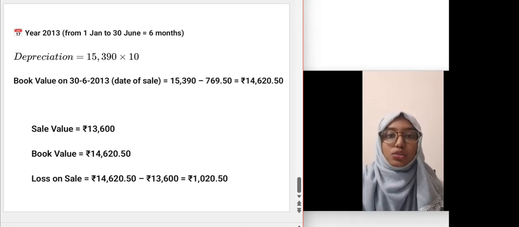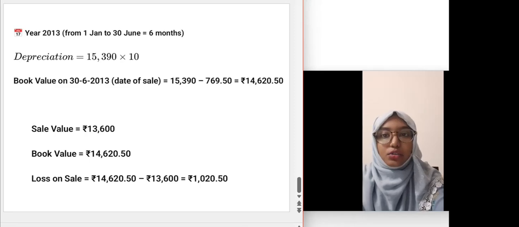On January 1, 2013, the asset value is 15,390. In this year, on June 30, this car was sold off. So only for 6 months the car was used in the year 2013. So from January to June 2013, 6 months only we have to calculate the depreciation, which is 15,390 into 10% into 6 out of 12 months.